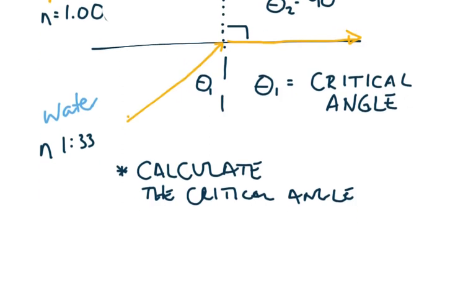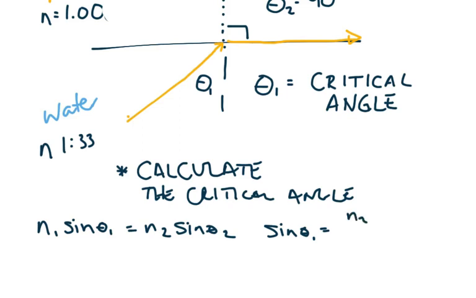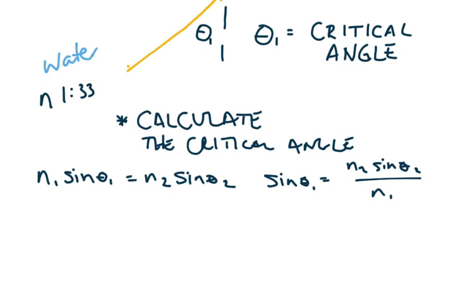So as we calculate this, we remember that n1 sine theta 1 equals n2 sine theta 2. We're trying to find theta 1. We have theta 2, we have n1, we have n2. So if we rearrange this to sine theta 1 equals, what's that? n2 sine theta 2 over n1, correct?